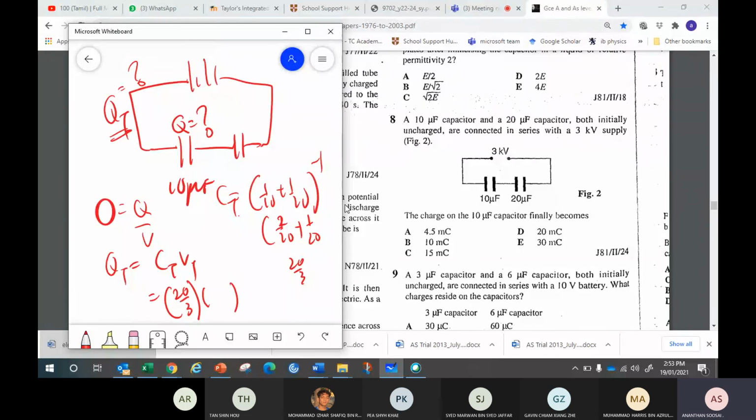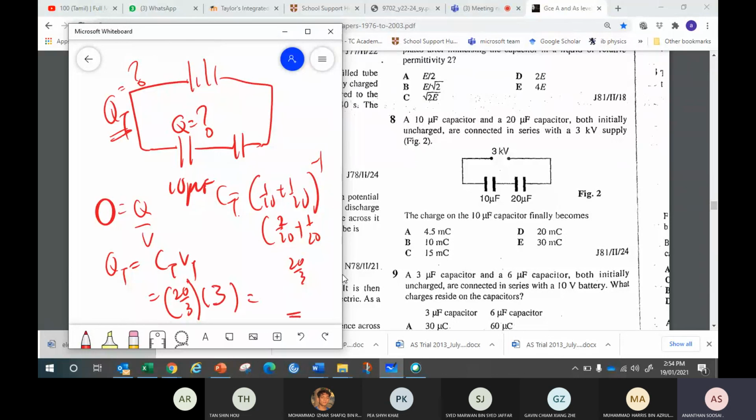And your voltage is 3 kilovolts. There's a lot of conversion here, microfarad is times 10 to the power of negative 6, kilo is 10 to the power of 3. I think we don't convert; we leave it as microfarad and 3 kilovolt.